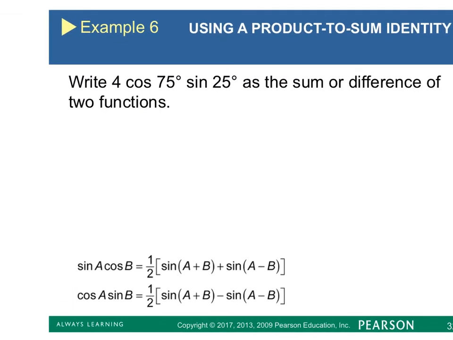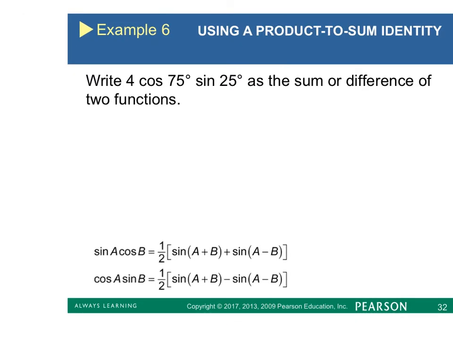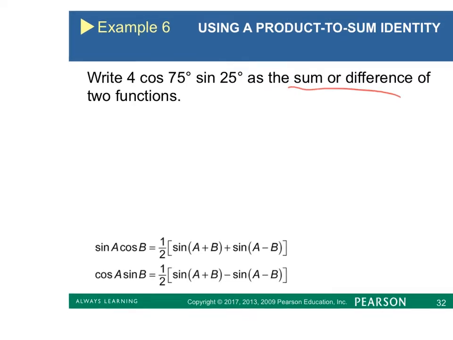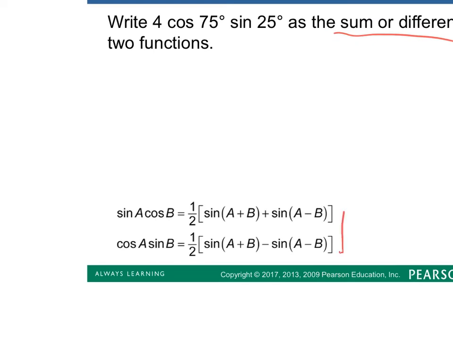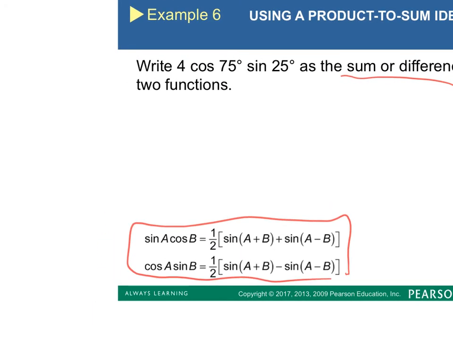So let's try to use this. Write 4 cosine 75 sine of 25 as a sum or difference. So he's telling me to do it. And since I'm not expecting you to memorize it, if you had the chart and you Googled it and found this, you ask yourself, which one do I have?